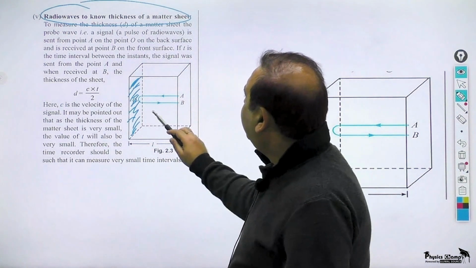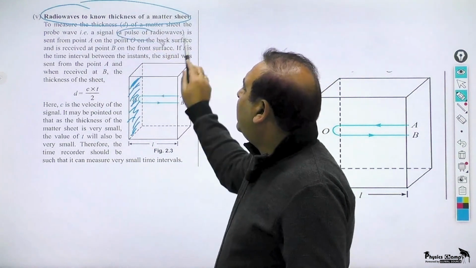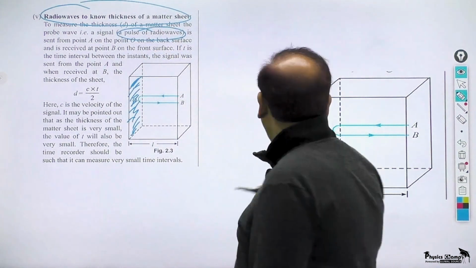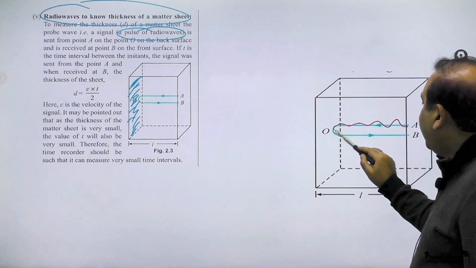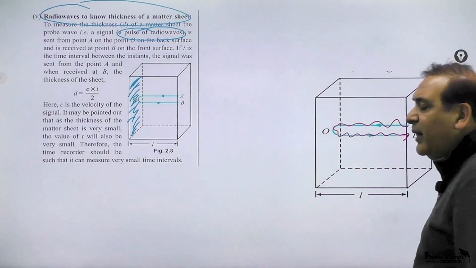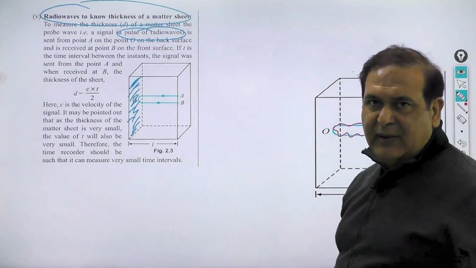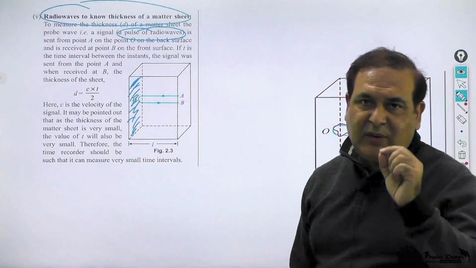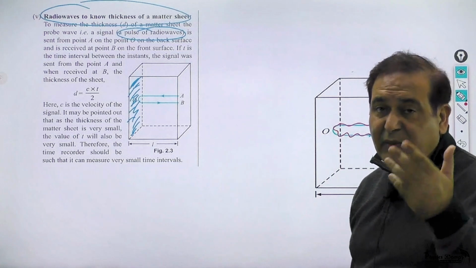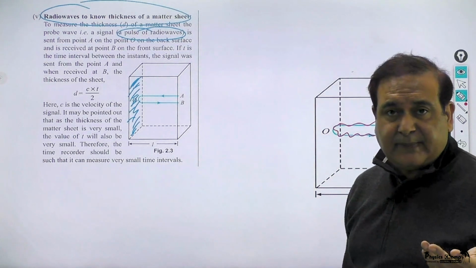Now a pulse of radio waves is sent, and the time interval between the sending and receiving is noted. Here the time interval would be small, so you need a very sensitive instrument for finding the exact time. It may be nanoseconds, it may be microseconds.